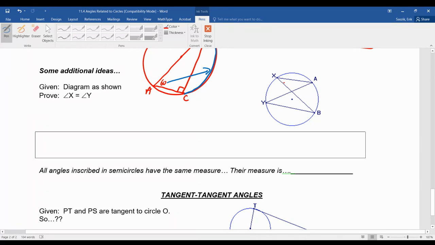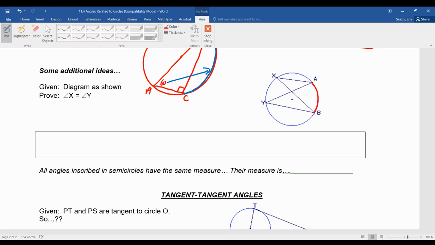This is an inscribed angle. Angle X intercepts this arc. Angle X is half that arc. Then you look at angle Y and you recognize that angle Y is also an inscribed angle. And angle Y intercepts the same arc AB. So if angle Y is half of AB and angle X is half of AB, we know that angle Y and angle X have to be congruent.